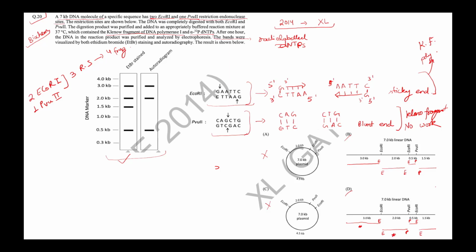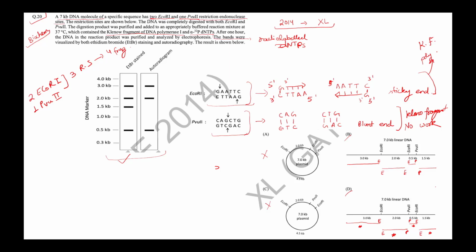This will also be visualized on the autoradiogram. And these two also have EcoRI sticky ends, where the Klenow fragment will perform its activity and radio-labeled dNTPs will be incorporated in these 2 strands. So all 4 should be incorporated with the radio-labeled dNTPs and visualized on the autoradiogram.